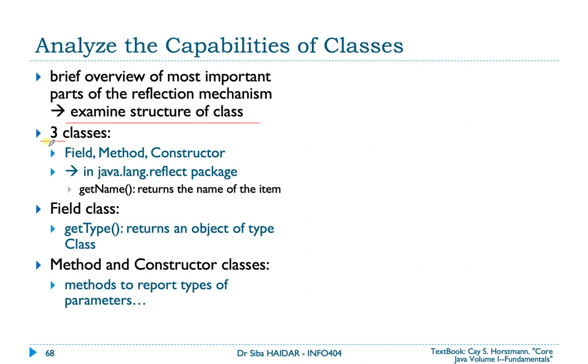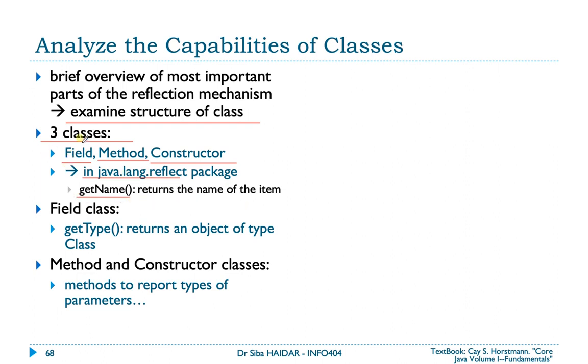First of all, we must know that like the class Class, there are also three other classes in particular, which are the class Field, the class Method, and the class Constructor, and of course they represent instances of the fields, methods, and constructors found at runtime. You can find all these classes in the java.lang.reflect package, and all three have the getName method, which returns the name of the item.